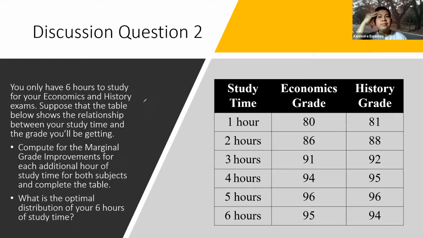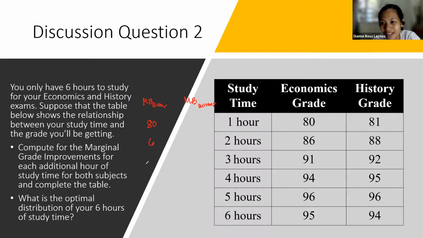But let's have the marginal benefit from economics and the marginal benefit for history. What's the marginal benefit for the first hour for econ? That is 80, right? Next is 6, then 11, 5, 3, 3, then 2, 2, negative 1, -1.